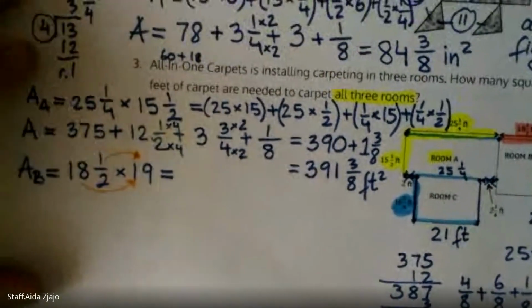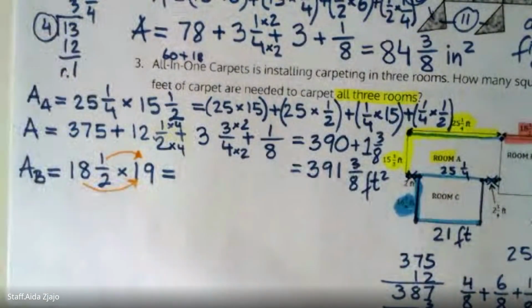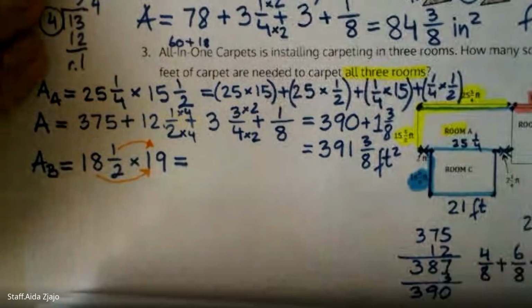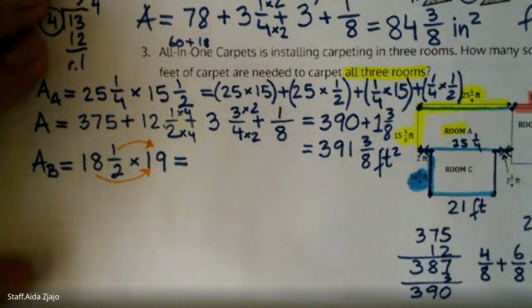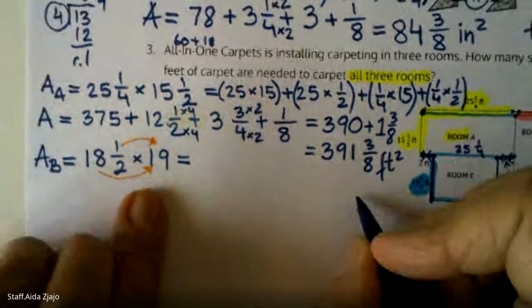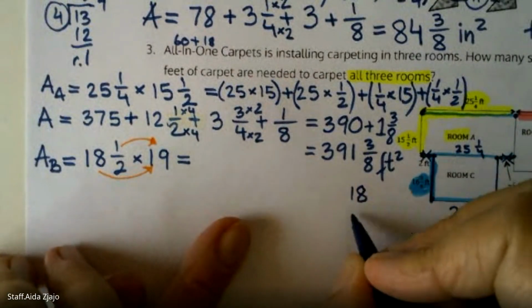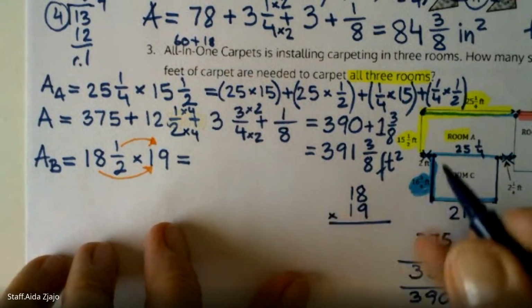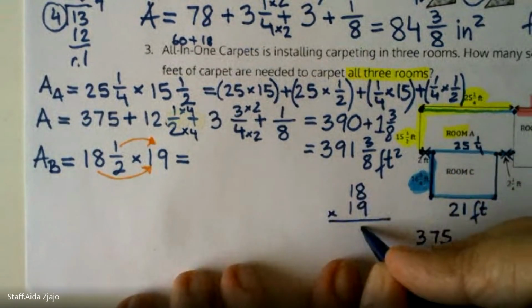So let's calculate that. I'm going to look for more room, so I'm going to take the extra paper. It's lots of work here. Let's do 18 times 19 with the standard algorithm. 8 times 9 is 72.